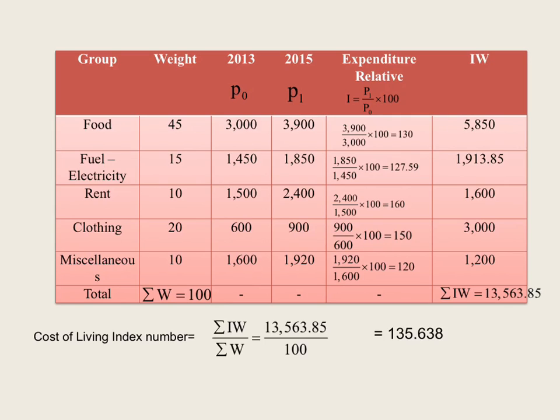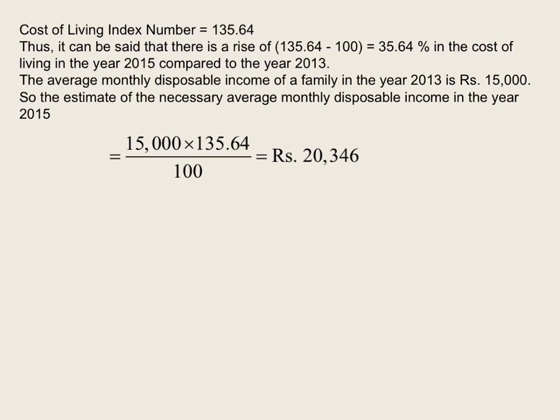Now apply this formula. Cost of living index is equal to Sigma IW upon Sigma W, that is 13,563.85 divided by 100. So it is 135.63. So this is our cost of living index. We can say that compared to 2013, in 2015 there is a rise in cost of 35.64%.